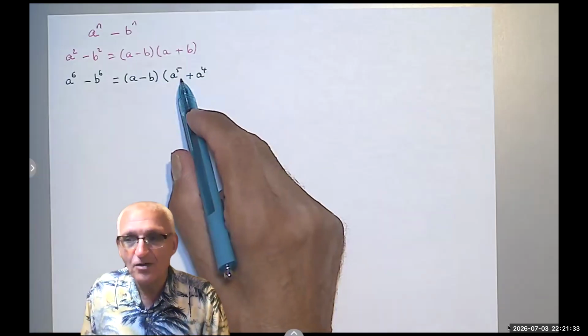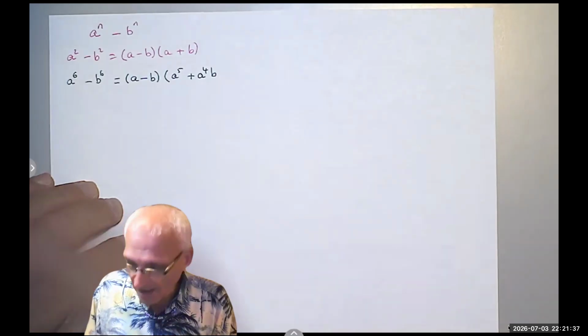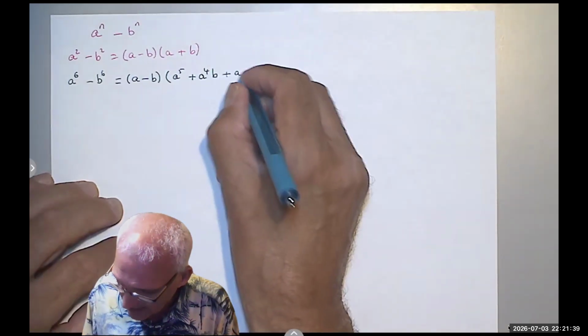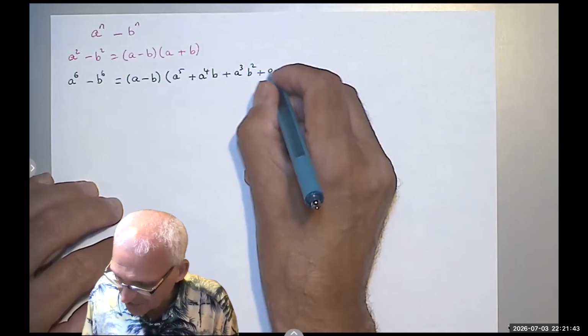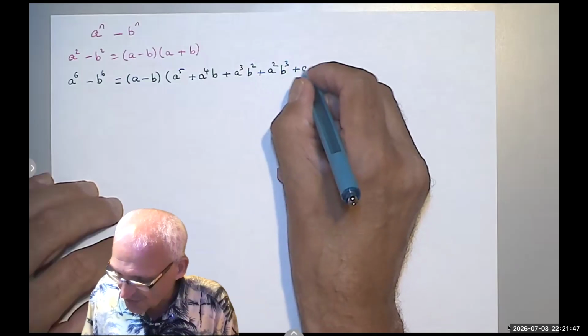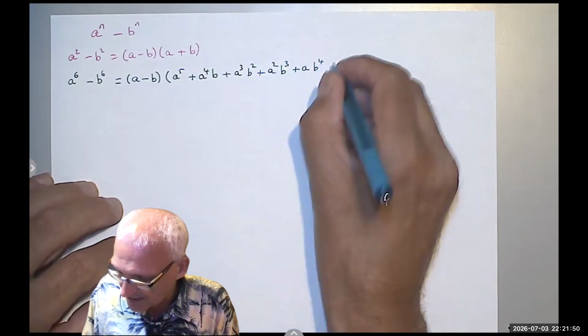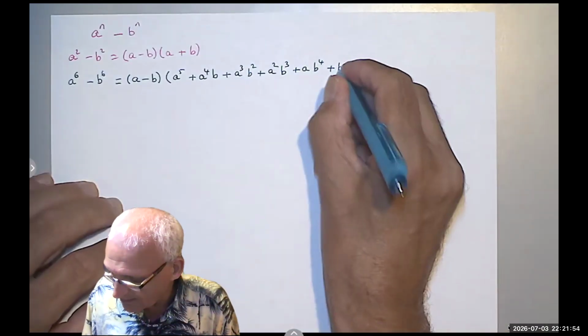Here there was no b, or b to the 0, so that would be b to the 1. Decrease 1 in a, increase 1 in b. Decrease 1 in a, increase 1 in b. Decrease 1 in a and it disappears, increase 1 in b.